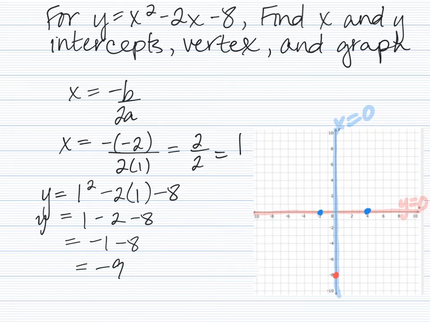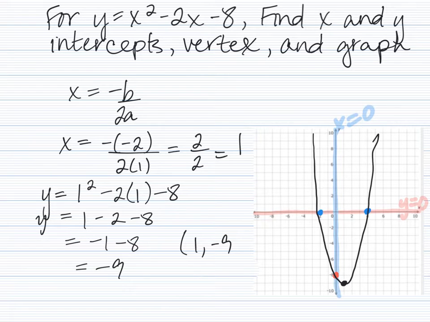So my vertex is the point 1, negative 9, which I find right here. And then after I've specified those 4 points, I'm going to make my parabola shape best that I can with my squiggly pencil. And that is graphing a quadratic.